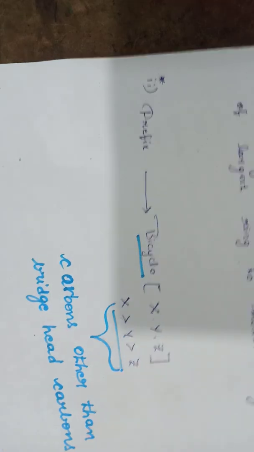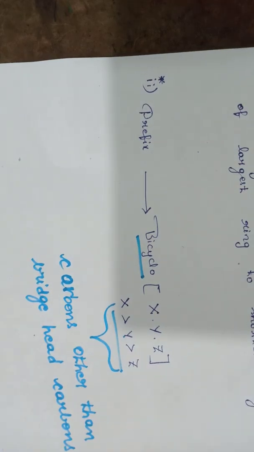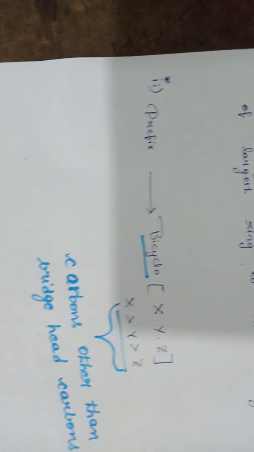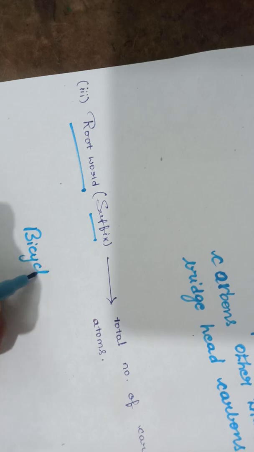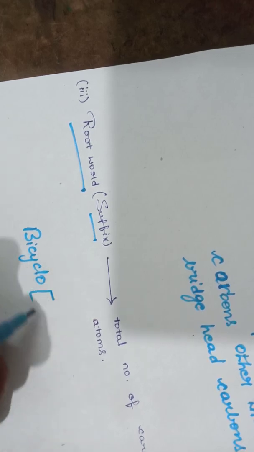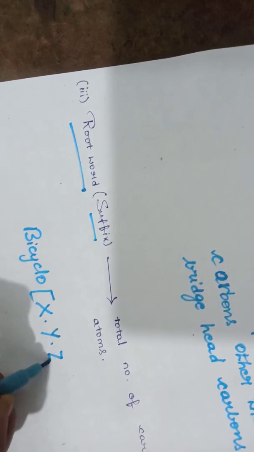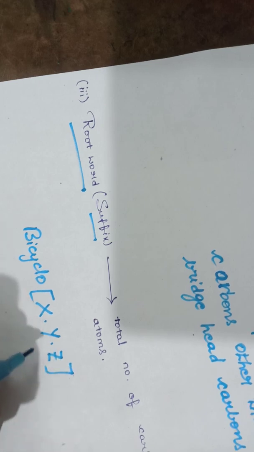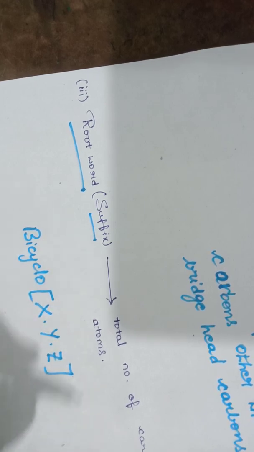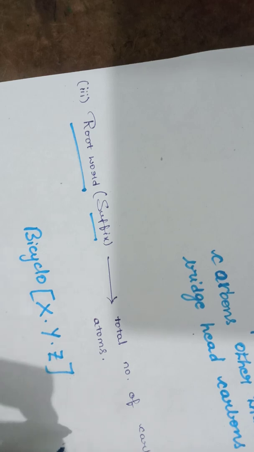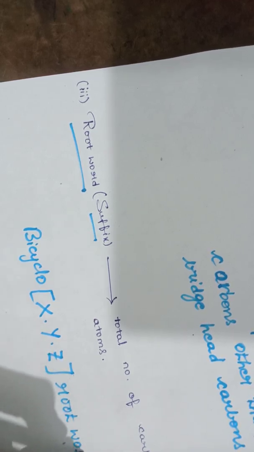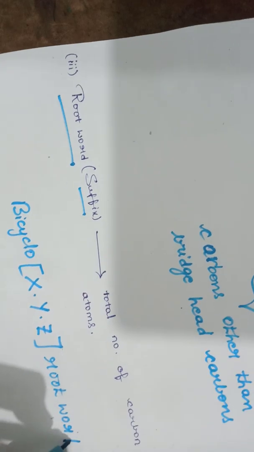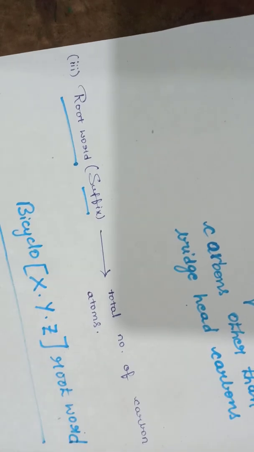So the prefix must be bicyclo, then X, Y, Z are the carbons other than the bridgehead carbons, and the suffix root word is the total number of carbon atoms. This is how the naming happens.